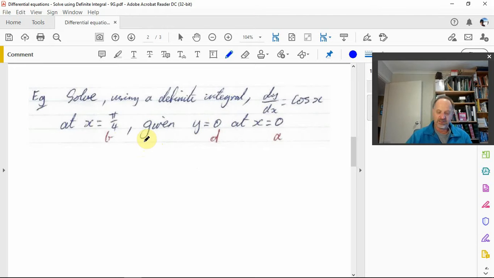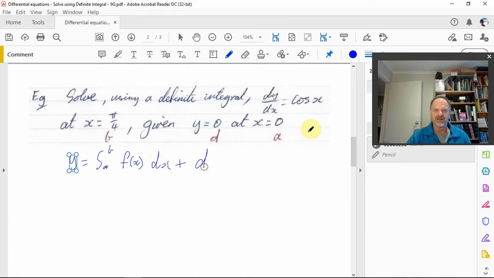So we're using, of course, y equals the integral from a to b of f(x) dx plus d. And f(x), of course, little f, is our gradient function.